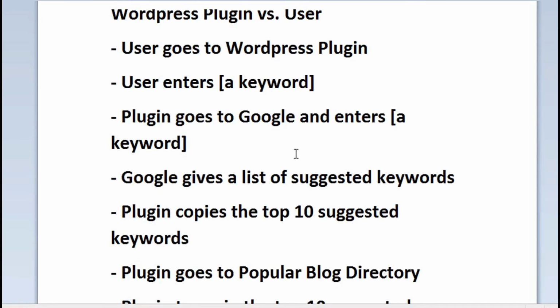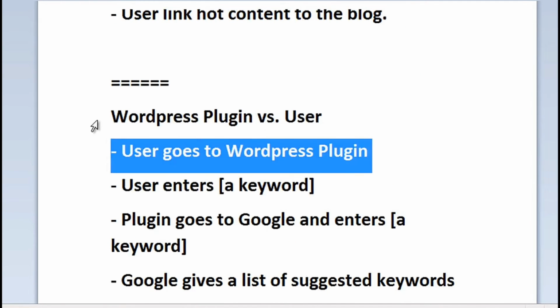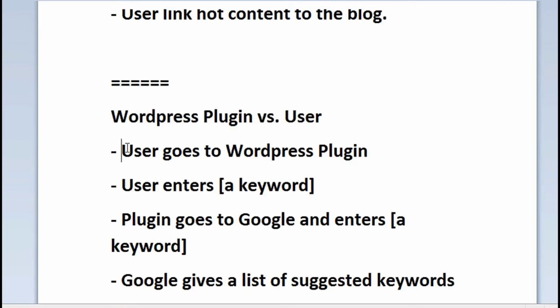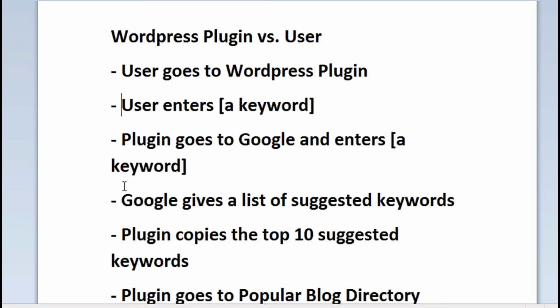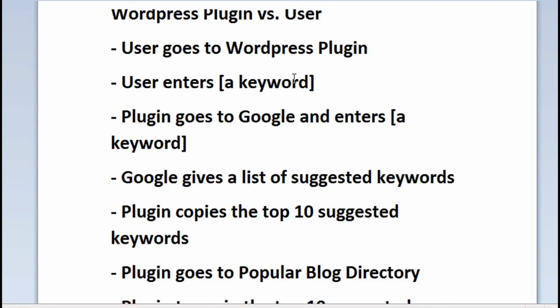Now we could go further and we could do if and else statements. So we can go back here and say if the user goes, well, obviously the user is going to go to the plugin. So if we go down here, it says user enters keyword. We could say if the user enters a keyword, do this. Now, obviously, if the user does not enter a keyword, nothing happens. So we don't need that.